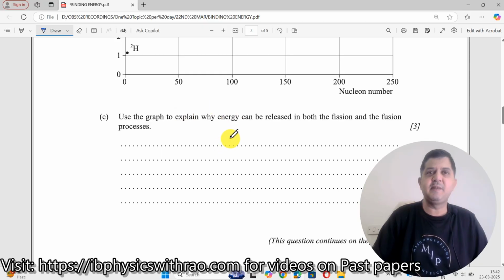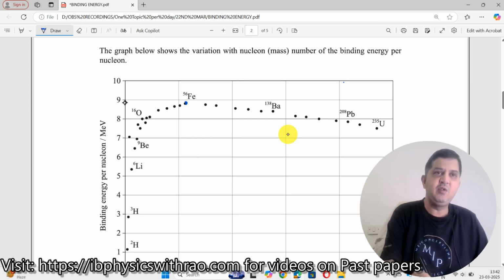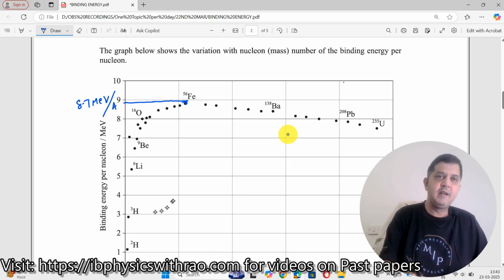Use the graph to explain why energy can be released in both fission and fusion processes. If you see here, iron makes the peak. The binding energy per nucleon for iron is somewhere around 8.7 MeV. Binding energy is given here per nucleon.